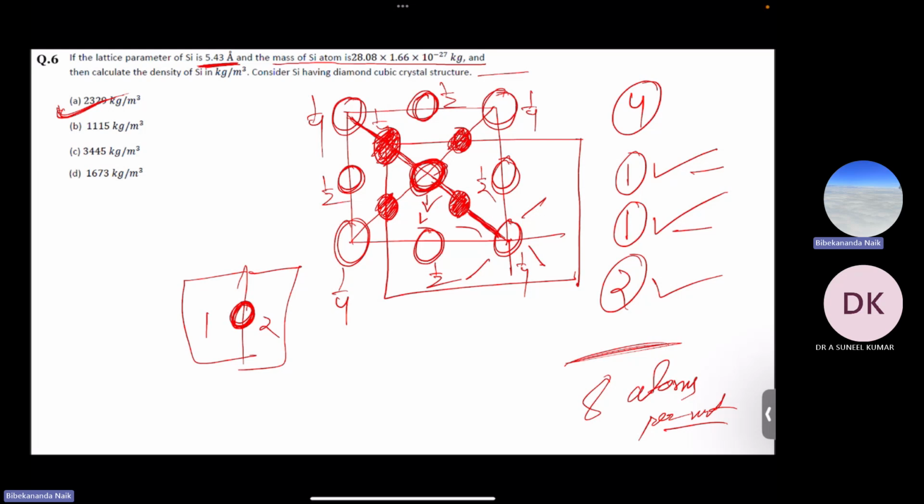So that's why I drew a particular face. In this particular face, these four atoms are completely contributing to the unit cell. If you see, these are completely enclosed. So this four comes from these four.